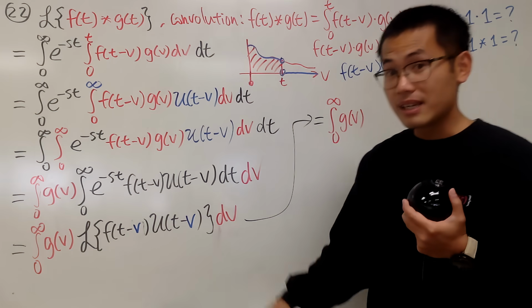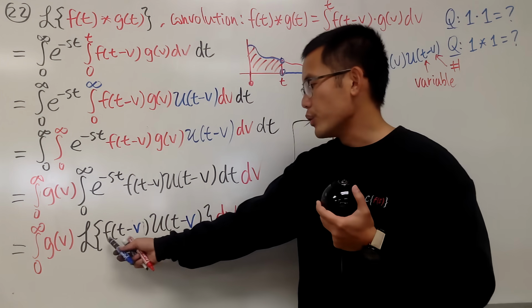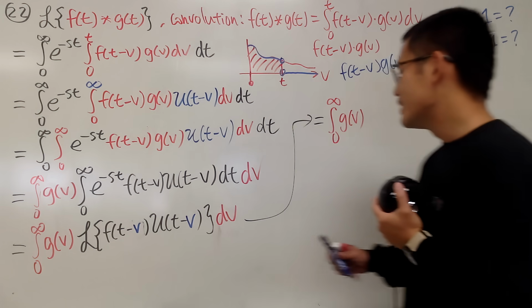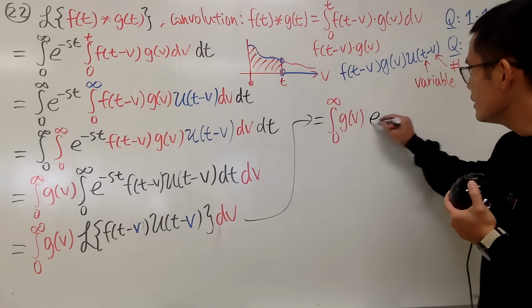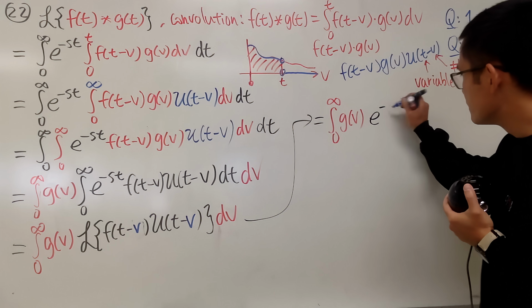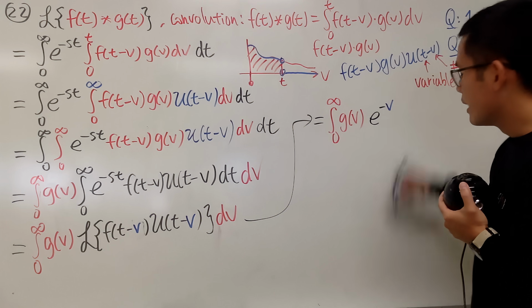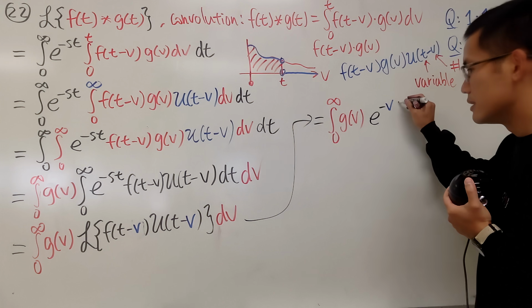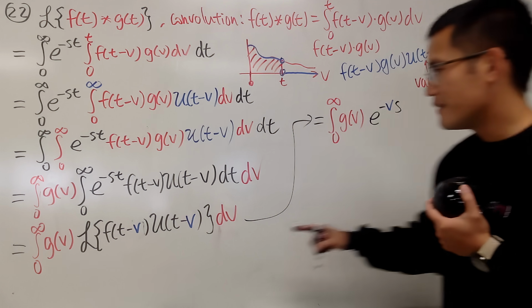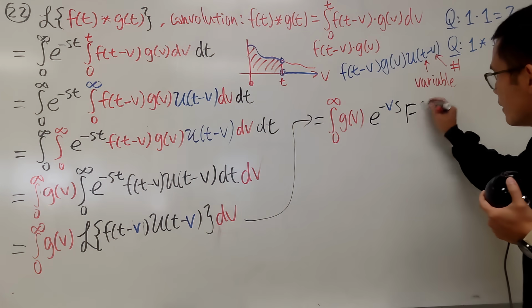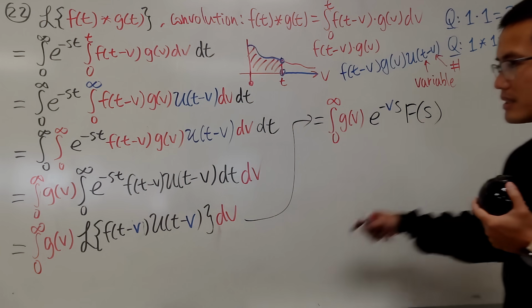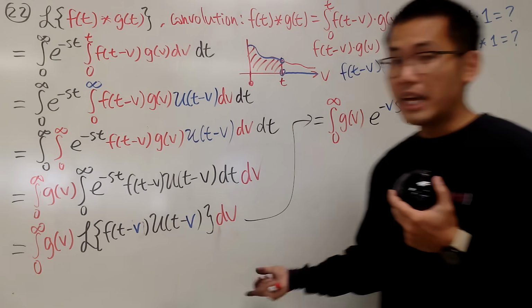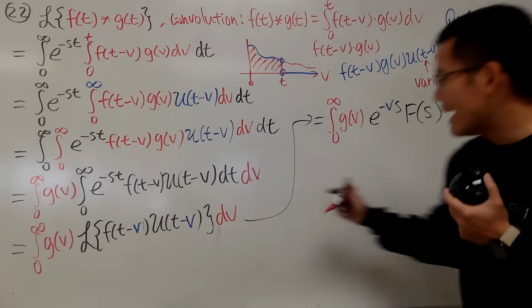Yeah, v is the constant. Earlier, we were doing f of t minus a times u of t minus a, yeah? And what we get is the following. We get e to the negative v s, and then the rest is just F of s, right? Because the input matches, so you just have this right here. And again, I'm just using v instead of the a. So same thing. And then on the outside, we still have the dv.